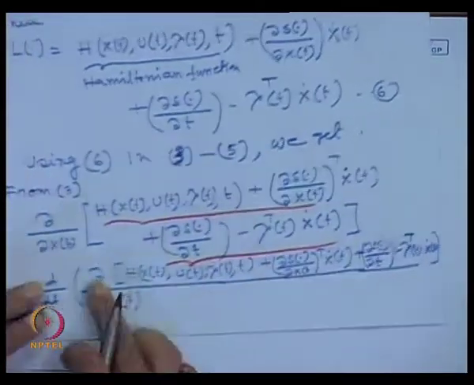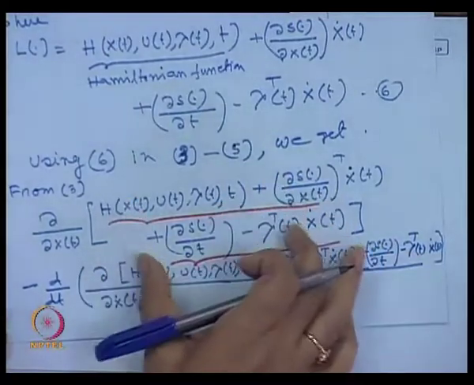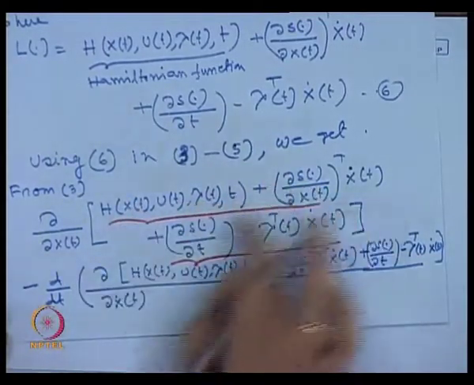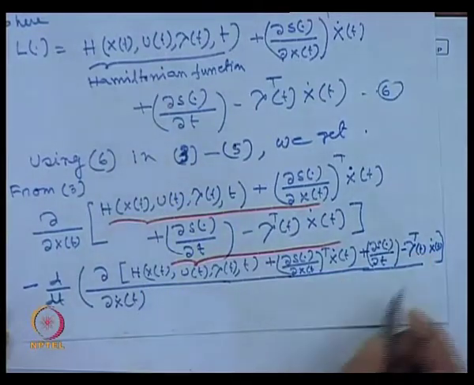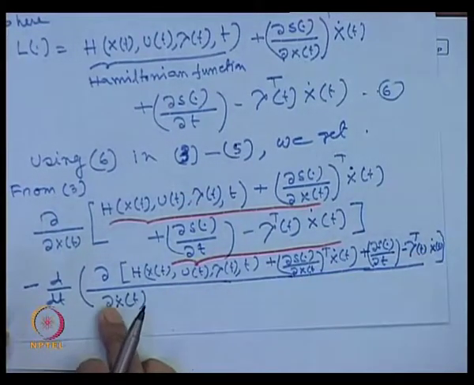That is our L, the same as before. Then this is differentiated with respect to x dot.